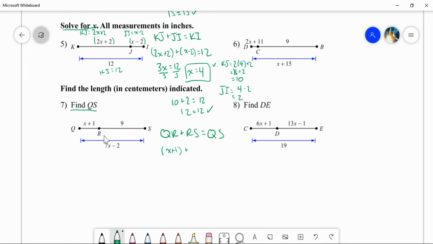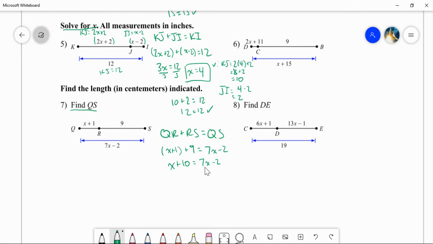I know RS has a length of 9, and I know QS has a length of 7x minus 2. There's not much I can combine on this side other than the 1 and the 9, so I can just solve this out like I normally would, and I get x plus 10 is equal to 7x minus 2.